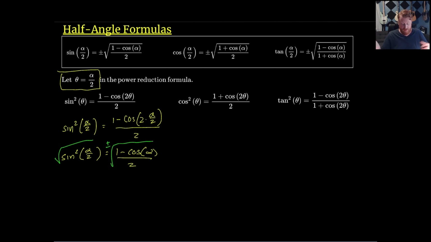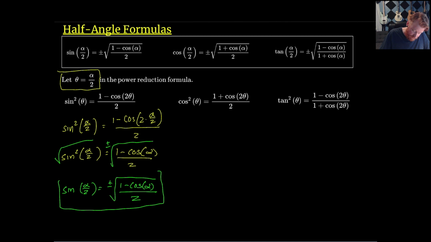Which quadrant is alpha in? Which quadrant is theta in? And all that good stuff. So what we get at the end is that sine of alpha over 2 is equal to plus or minus the square root of 1 minus cosine alpha all over 2. So there is our half angle formula for sine.